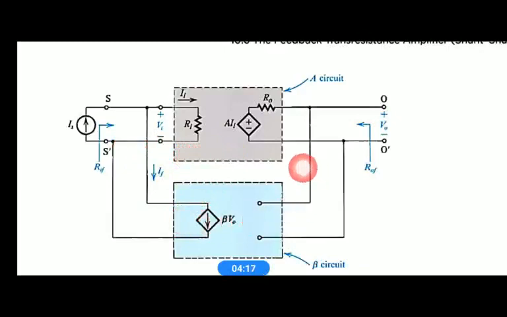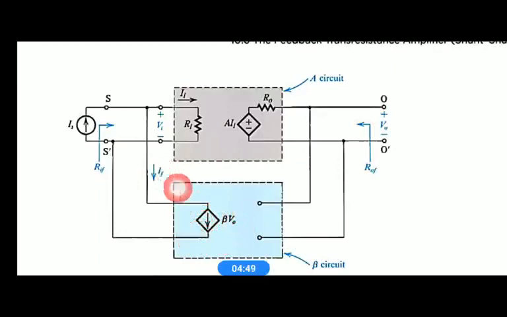And you clearly see the feedback network sampling the output voltage, taking its input from the output voltage and generating the feedback current IF, represented in the equivalent circuit by a current source having value beta V0.